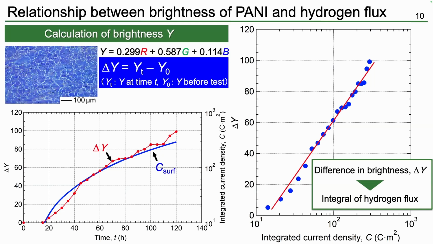In this graph, the delta Y was plotted as a function of the integrated value of hydrogen permeation current density. And we could find an almost linear relationship between delta Y and integrated hydrogen permeation. So in other words, we can say by calculating the difference in brightness delta Y, the hydrogen flux distribution can be analyzed.